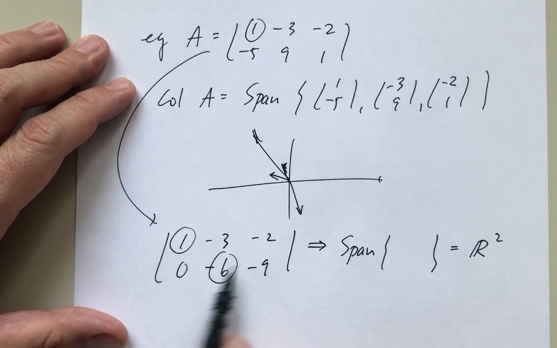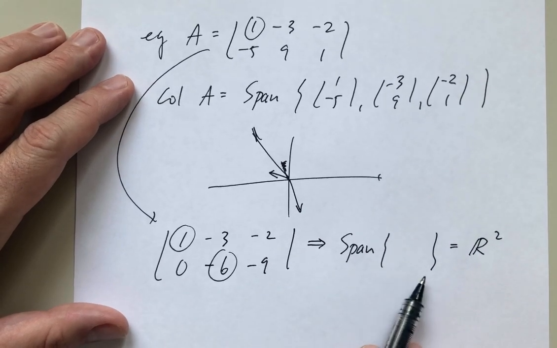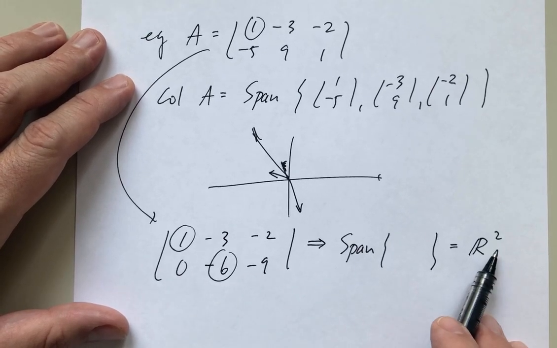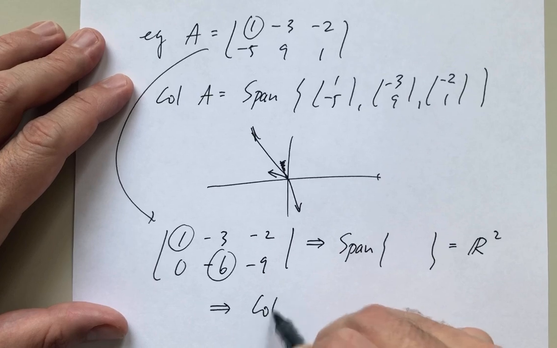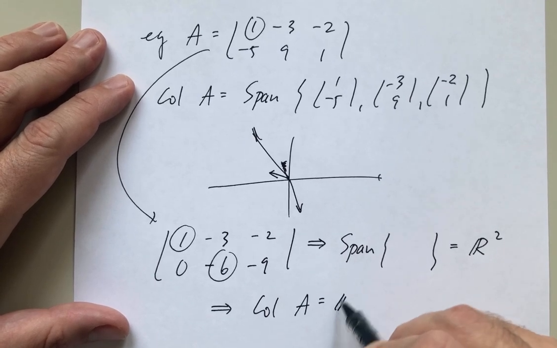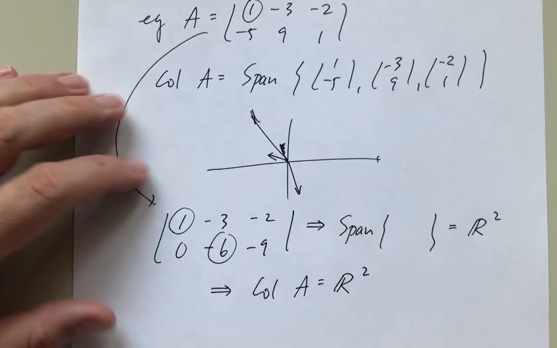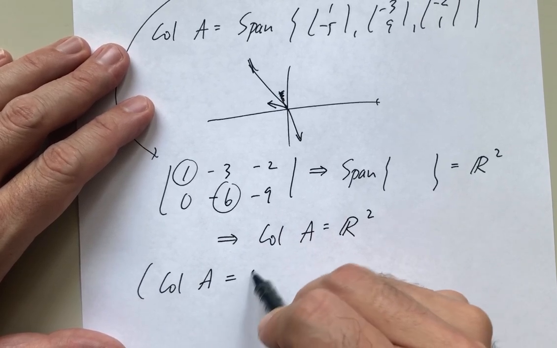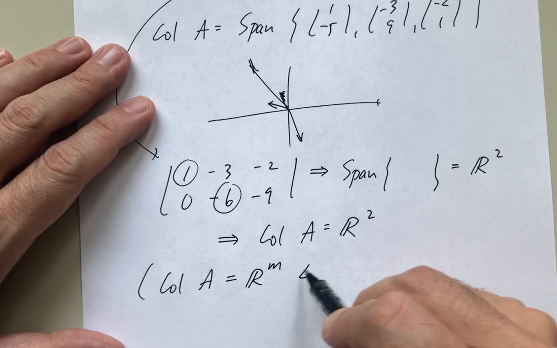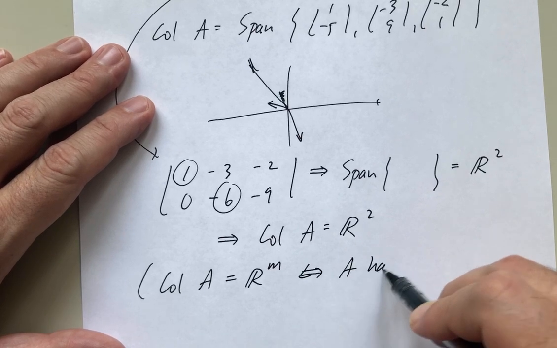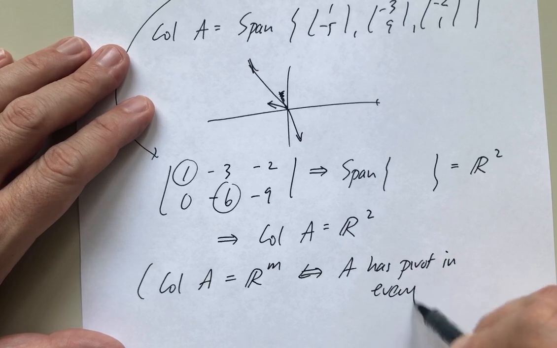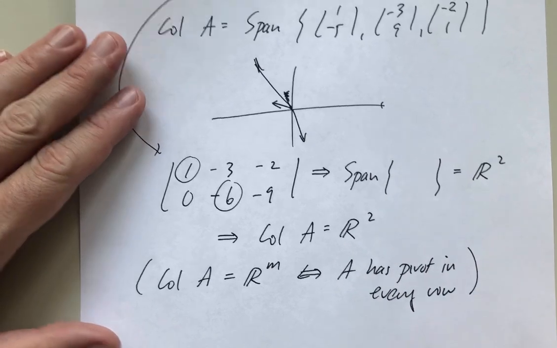Remember, if you have a pivot in every row, then the span of the columns is all of R whatever. There are two rows here, so it's R2. So the column space of A is actually R2. In fact, the column space of A equals Rm if and only if A has a pivot in every row. It's a general thing to notice here.